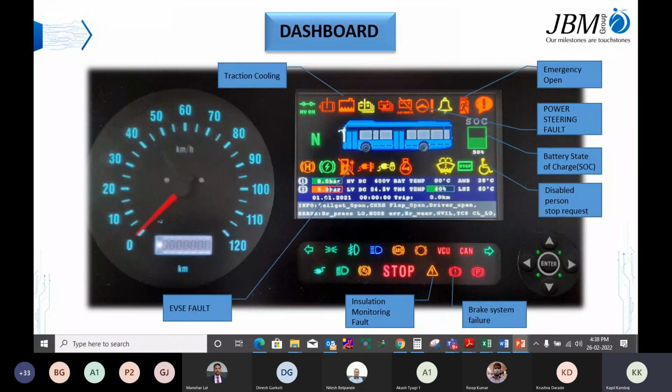Okay, this is the dashboard, our cluster, we can say. So we have taken multiple inputs from the multiple projects which we did previously, like we worked with Acti as well, and with Asia Star as well. So we have taken the input from their clusters as well, and we tried to prepare a cluster which should be good in information.